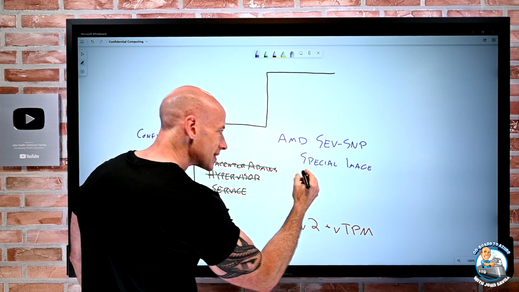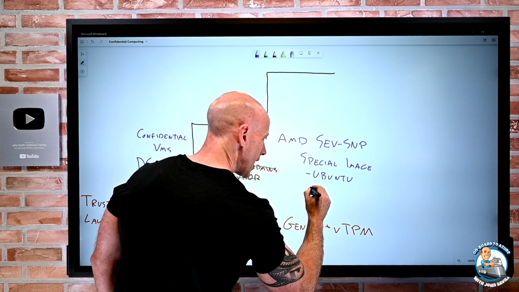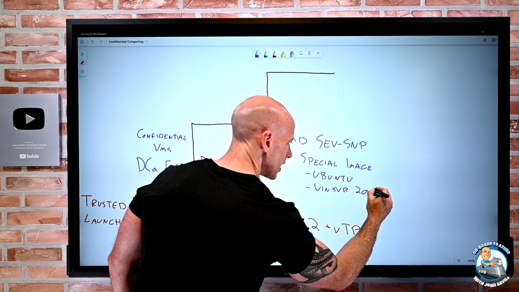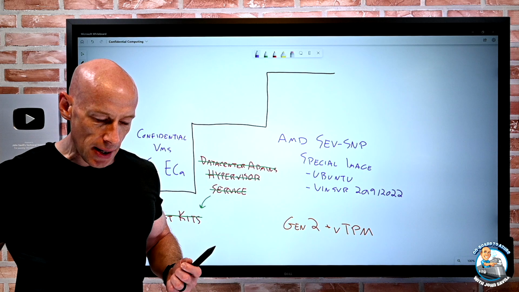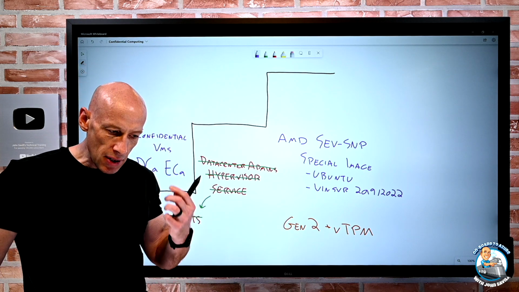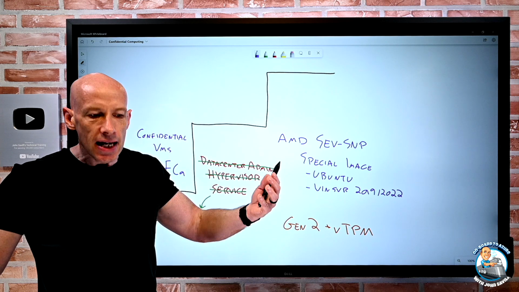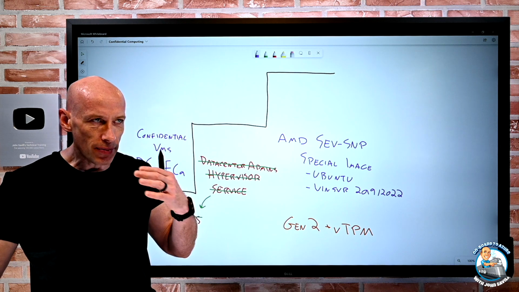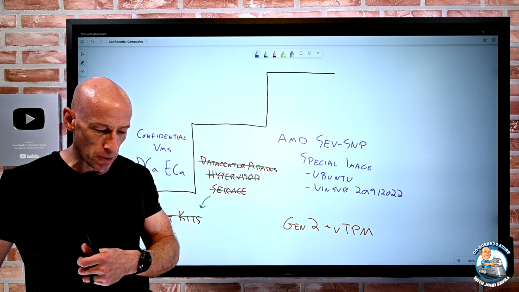And today it is that Ubuntu, and it's my Windows Server 2019 and 2022. That might change over time, and it's really because these images have to support the secure mounting, the attestation, optionally full disk encryption, and isolation from the underlying cloud infrastructure. So they're all key things I have to do.